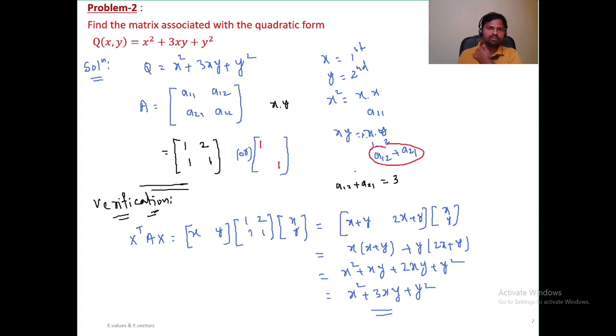Look at this, a12 plus a21 is 3. Such combinations I can take, right? So here you take 4, here you take minus 1. The only thing is I want the sum to be 3. Take this matrix and verify once again. You will get the same x square plus 3xy plus y square. Or you can take it like this also.